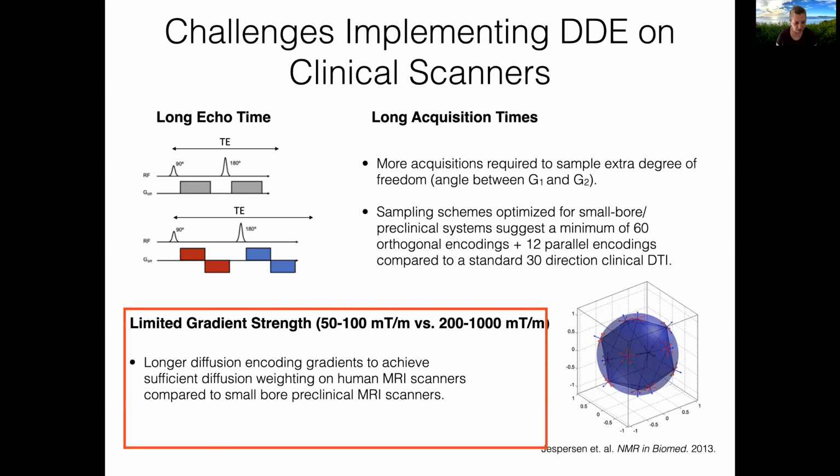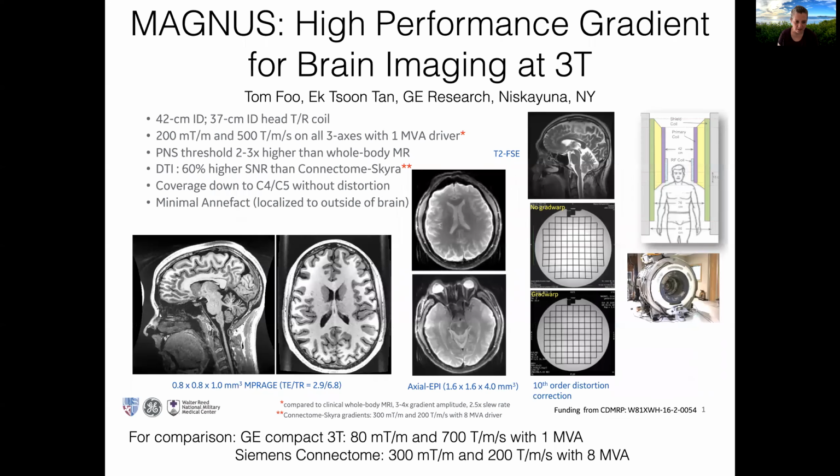Okay, so the last challenge here: we have made advancements in improvements in gradient strength, but we always want more. And so I just wanted to share with you an opportunity that we had to try out some of this on a unique high performance gradient system developed by Tom Foo and Xiaoyun Tan at GE Research.